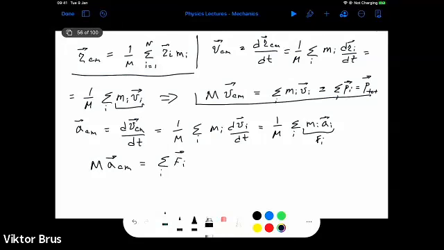So this Fi is the sum of all internal and all external forces, which will define with which acceleration body i, one of these bodies which form the system, will move, and this comes from the second law of motion.